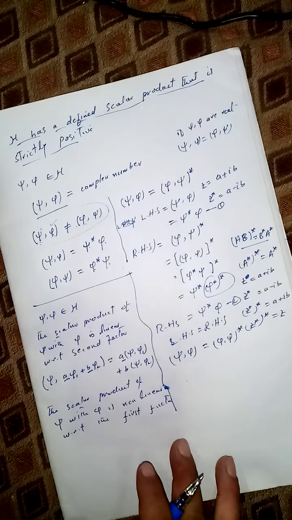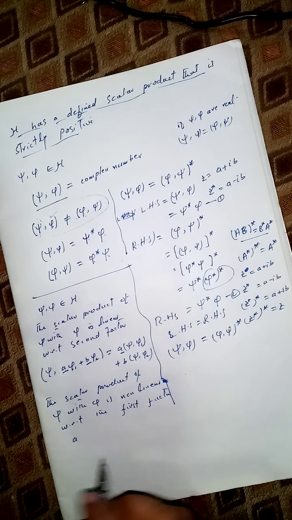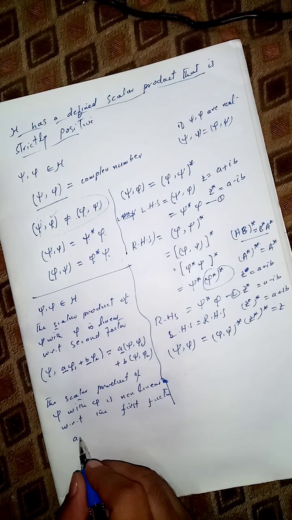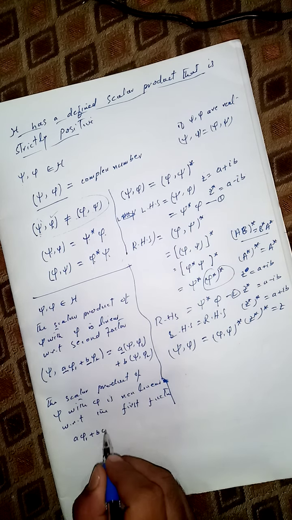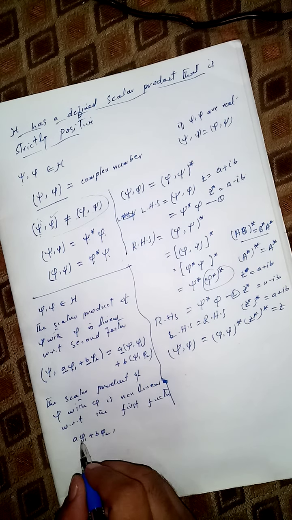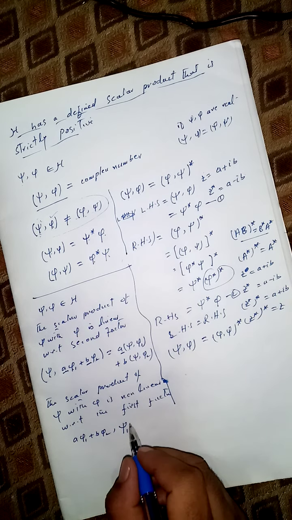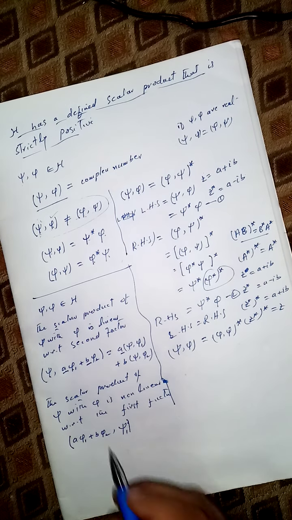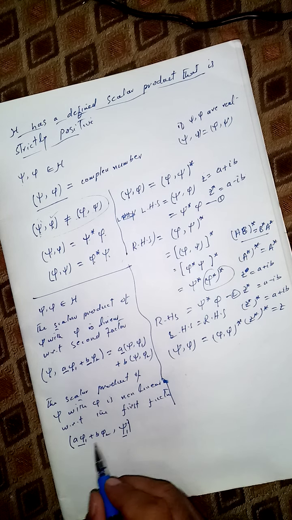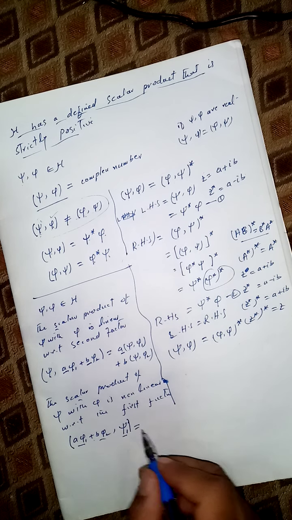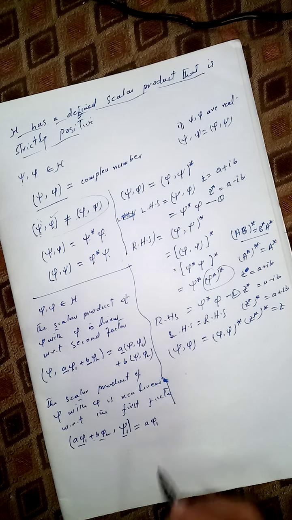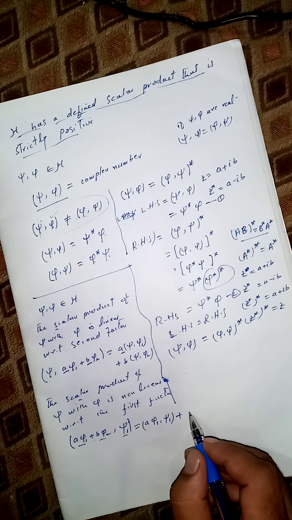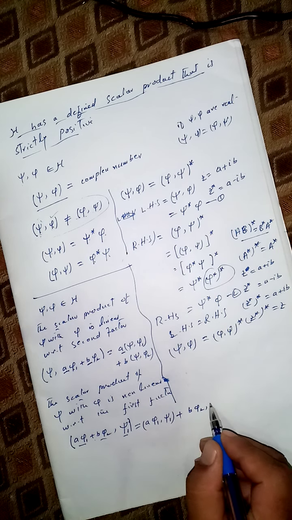What does it mean? For example, if we have two functions aφ1 plus bφ2, and taking the scalar product with ψ, how will we multiply it? We multiply this with this and this with this, and then take a summation: aφ1 over ψ1 plus bφ2 over ψ2.